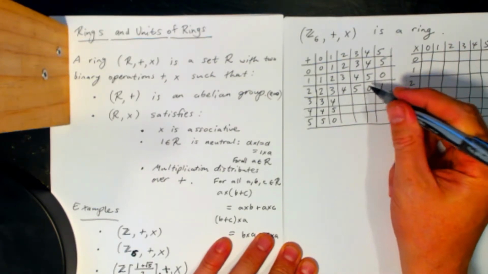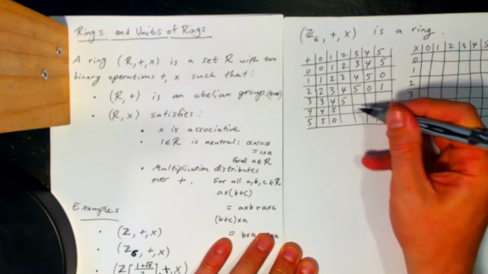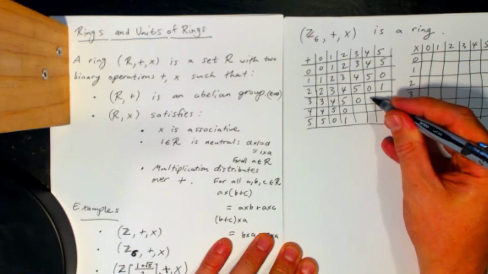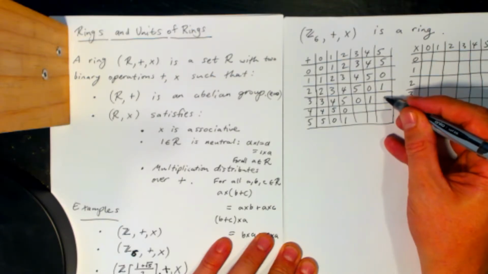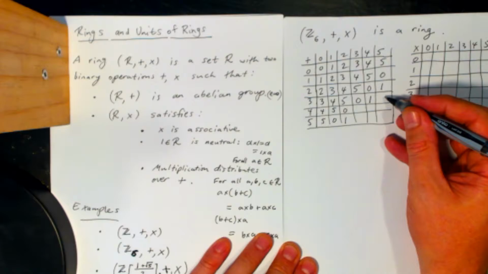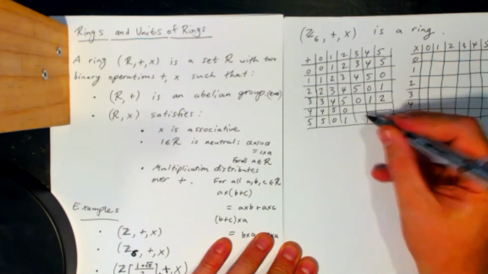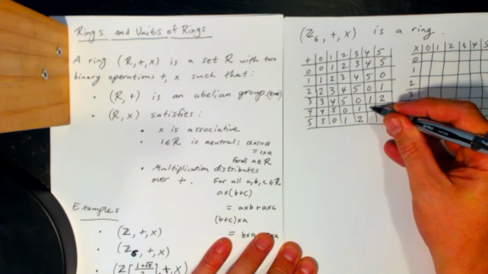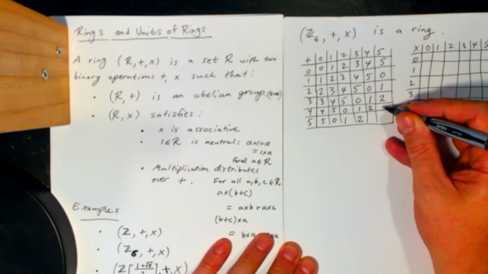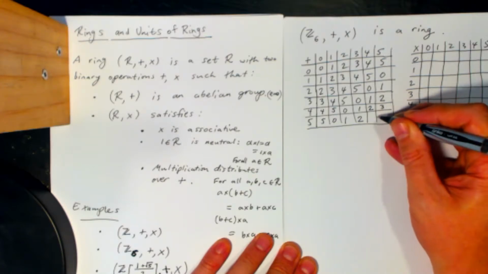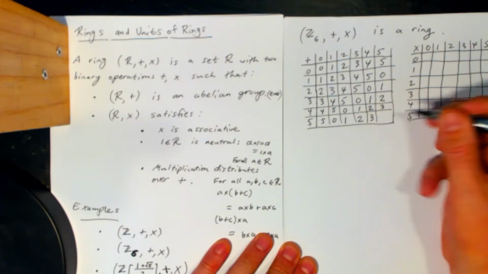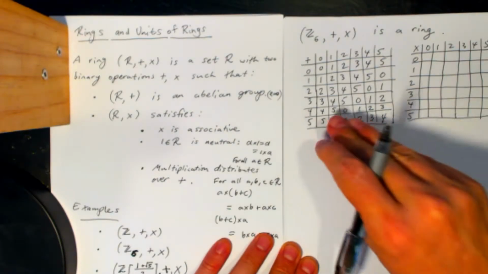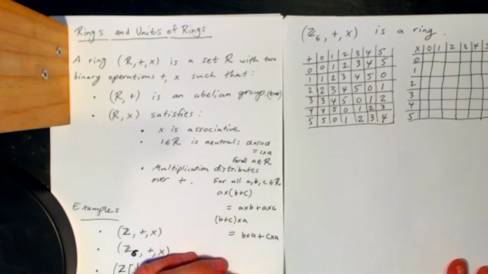And likewise down here, 3 plus 3 is 0, 3 plus 4 is 1, 3 plus 5 is 8, which reduces to 2 modulo 6. 4 and 4 is 8, which we worked out as 2. 4 and 5 is 9, which is 3 mod 6. 5 and 5 is 10, which is 4 mod 6. Okay, so we filled out the Cayley table there for addition.